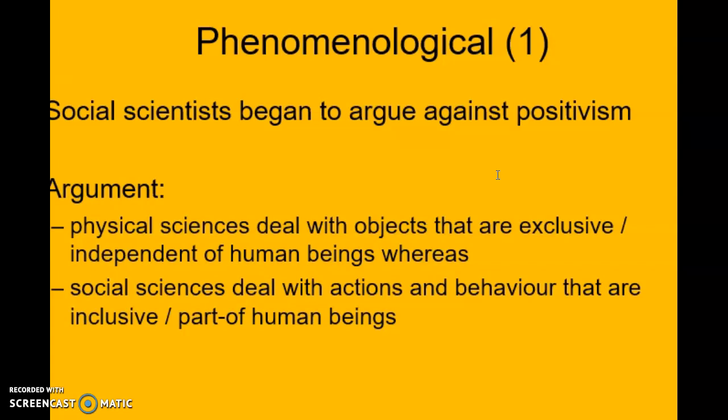And the argument of this approach is that the physical sciences deals with objects that are exclusive or sort of independent of human beings. What that means in essence is that they're not considering the emotional component. We're not considering the human actions that sort of interact with whatever observations we're making.